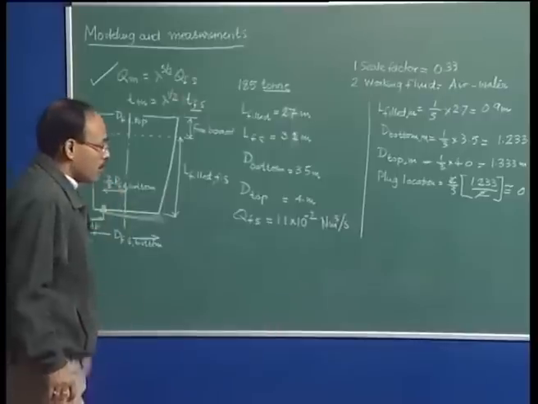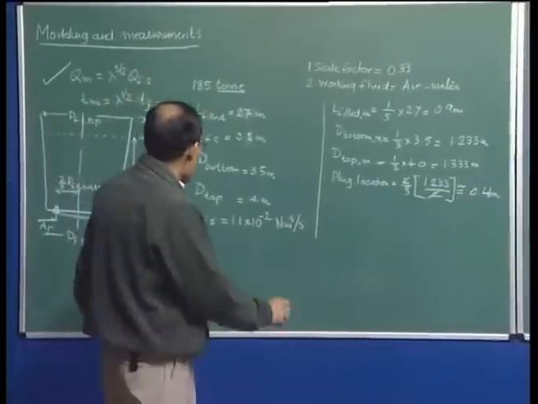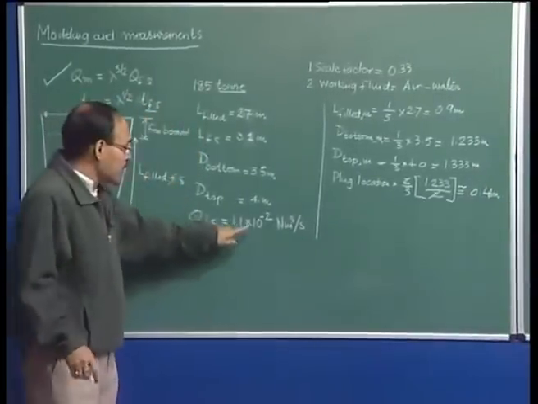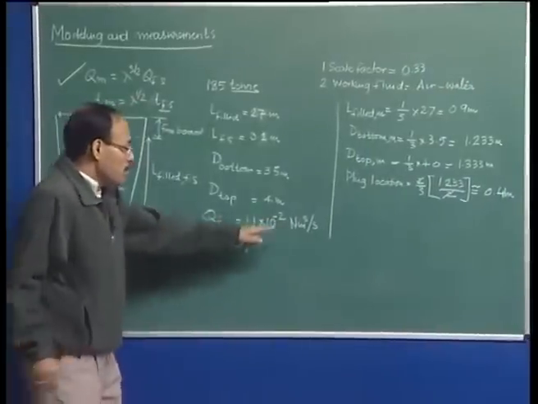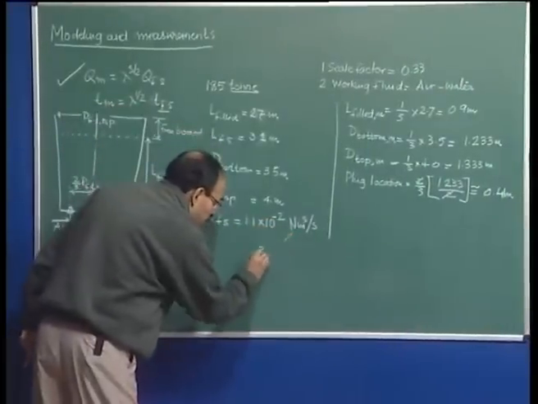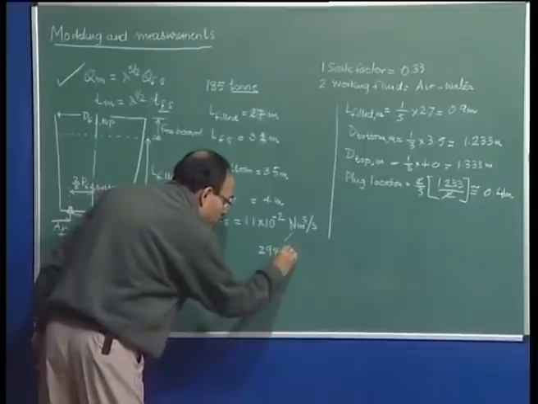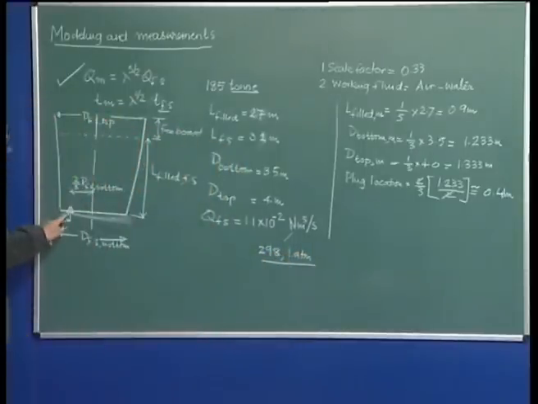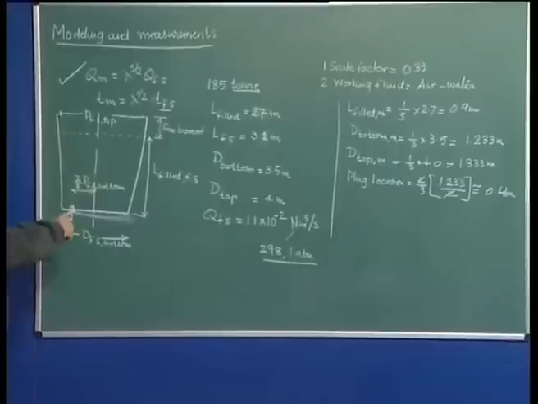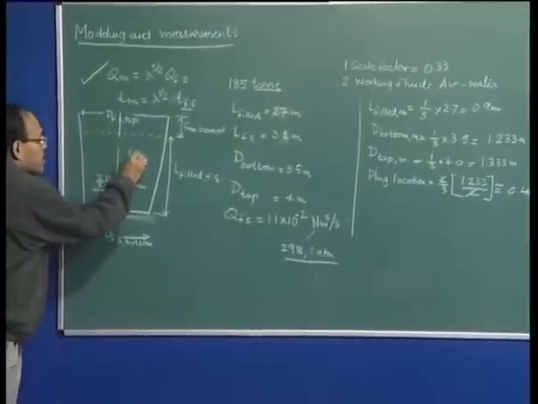axisymmetric geometry. Now, as far as the gas flow rate is concerned, this is given in terms of the normal meter cube. Okay. So, therefore, this is a reference to 298 Kelvin and 1 atmosphere pressure. But actually, when the gas is injected here into the molten steel, it is at 1600 degrees centigrade.